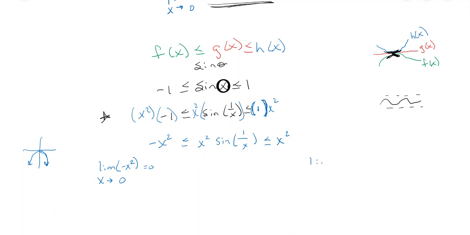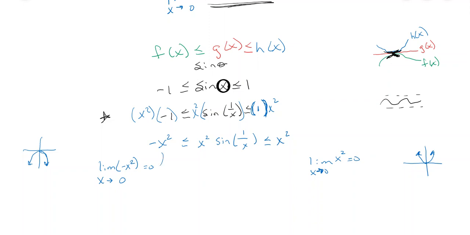So what's the limit as x goes to 0 of x squared? So x squared is a parabola that looks like this. Agreed? So what is the y value approaching as x gets close to 0? It's 0.